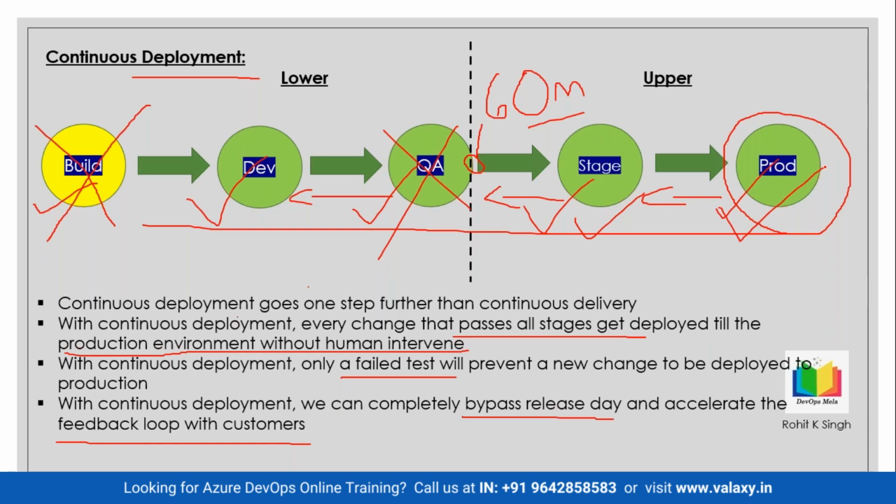Post that, we need to understand what is agent pool. We haven't learned about agent pool yet, so we'll need to learn agent pool. So service connection and agent pool are prerequisite topics which we need to learn before we jump onto the continuous deployment or delivery model. Okay. So we'll try to complete this topic during this week.